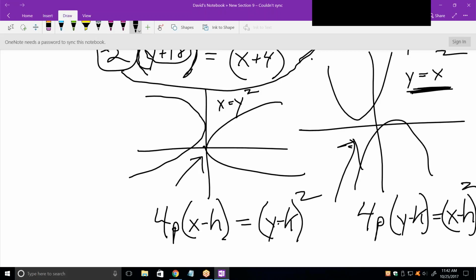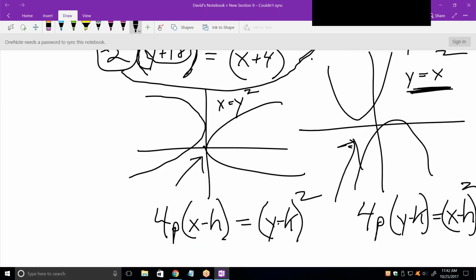Notice the two differences between these two formulas. And notice the same thing about them that you want to memorize. And that is, which side does the 4p go on? Well, it always goes in front of the variable that is not being squared.